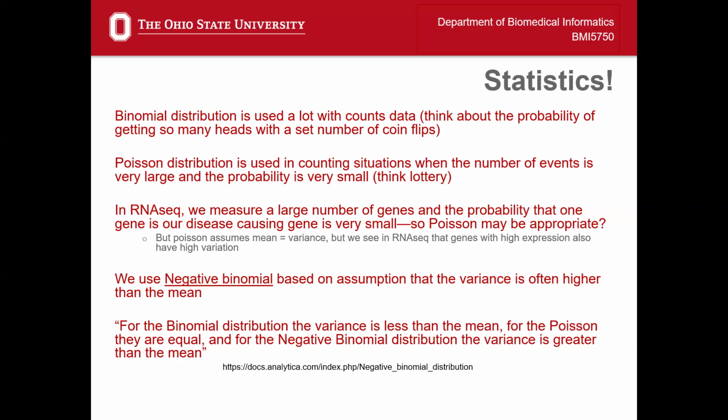For the binomial distribution, the variance is less than the mean. For the Poisson distribution, they are equal. And then for the negative binomial distribution, the variance is greater than the mean. So that is why the statistical test that is used is based on a negative binomial distribution.